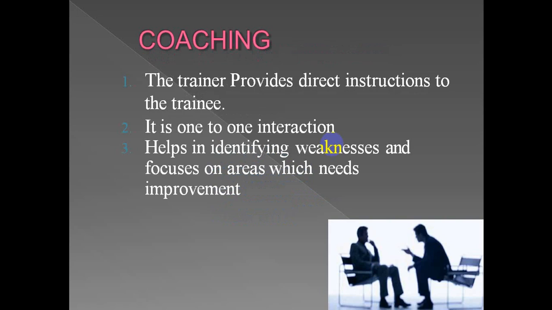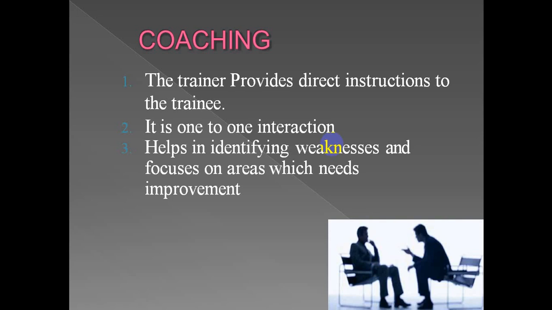In coaching, the trainer is the senior employee who provides direct instructions to the trainee. Here the trainee is a junior employee. The senior employee or the supervisor provides direct instructions to the trainee.